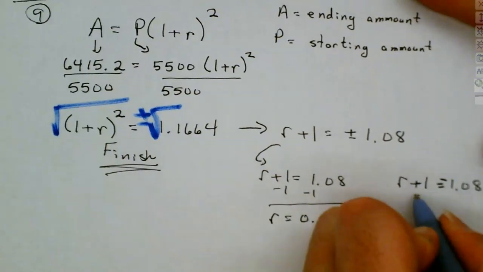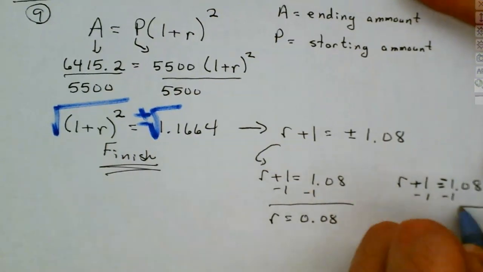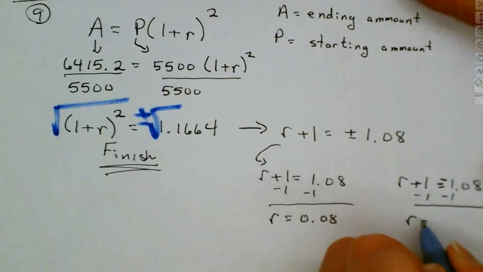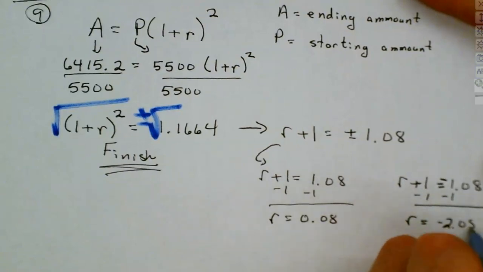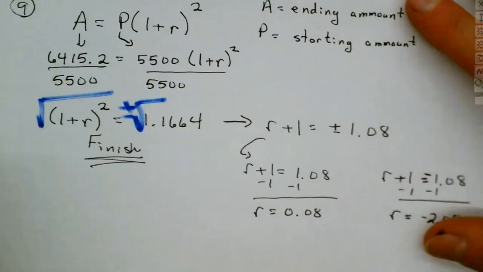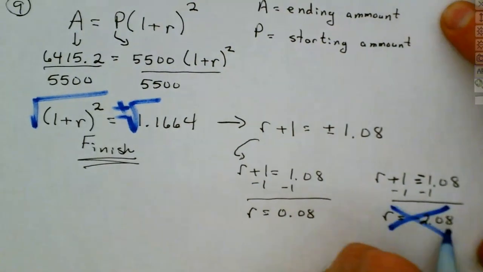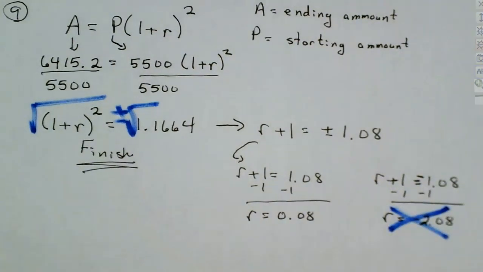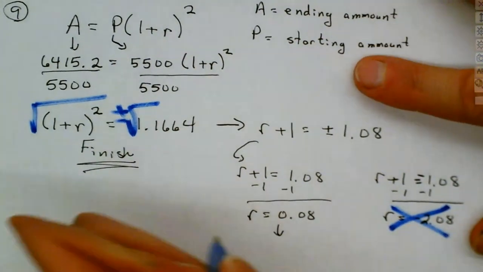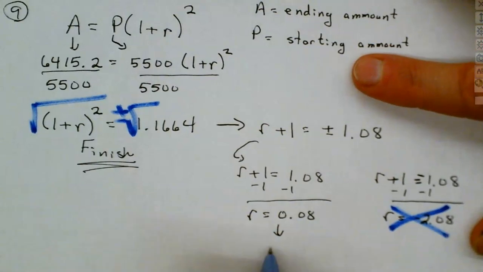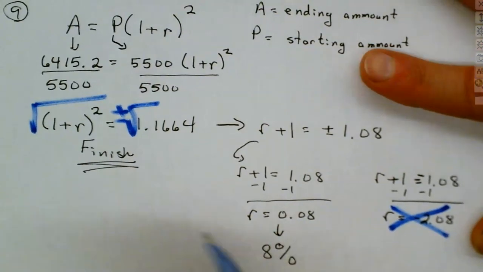When I move that 1 over again, that gives you R equals negative 2.08. Right? Now, why does that negative 2.08 not work? Can you have a negative interest rate? No. What would my interest rate now be as a percent? As a percent, 0.08, well, that is 8%.